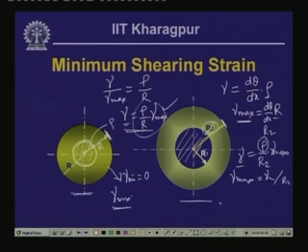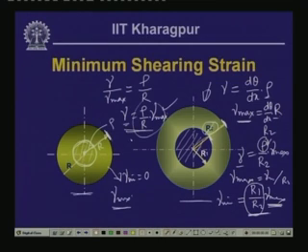So, the gamma minimum value in this particular case, where rho is equal to R1, is R1 divided by R2 times gamma max. So, in terms of the maximum strain at the periphery, we can compute the strain at this level in the ratio of the radii. So, R1 by R2 times gamma max is the minimum value of gamma in case of tubular shaft.